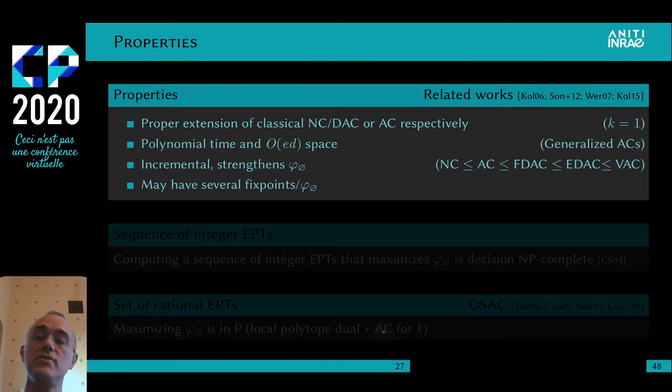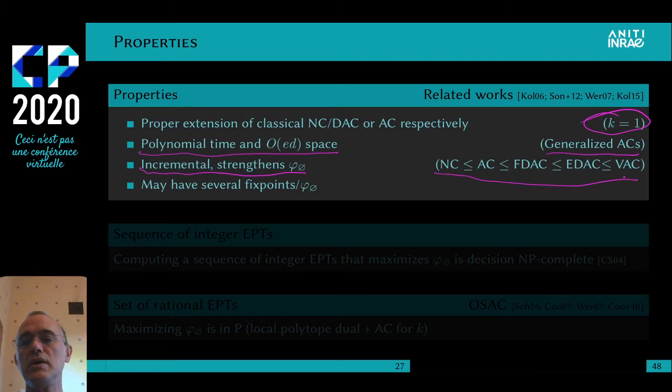They have nice properties. First of all, when k is set to 1, we recover exactly the usual notion and algorithm of node consistency, directional arc consistency and arc consistency respectively. They are polynomial time, reasonable space complexity, even when you extend this beyond pairwise problems. Obviously, they are incremental and they strengthen the lower bound, as we saw, and there is an ordering of the strengths of those lower bounds.